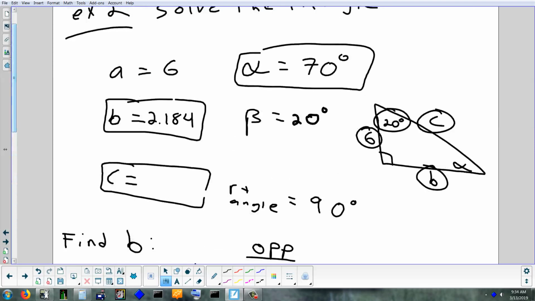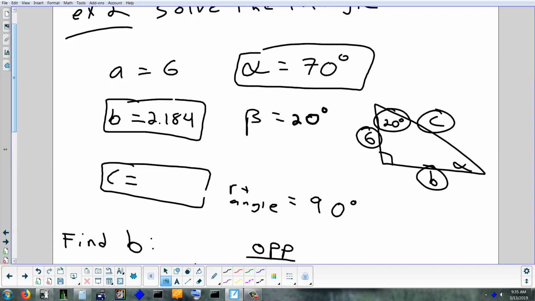What side am I using this time that I didn't use before? Well, what 2 sides did we just use in the last part? So in this triangle, we used 2 out of 3 of the sides when we did the last calculation. Which 2 were in the calculation?